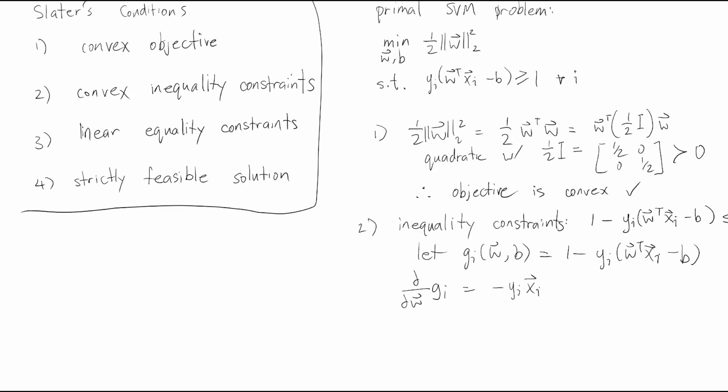Now we can do the other gradient, with respect to b. b is only involved in the last term, and the partial derivative is just going to be yi.